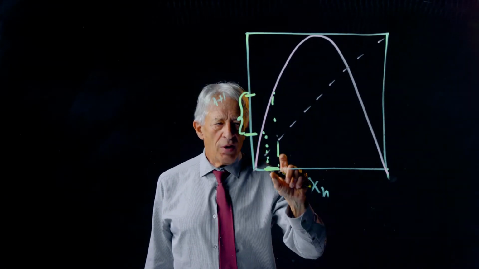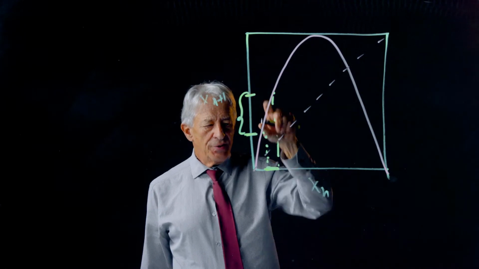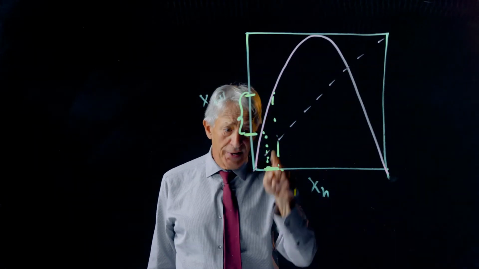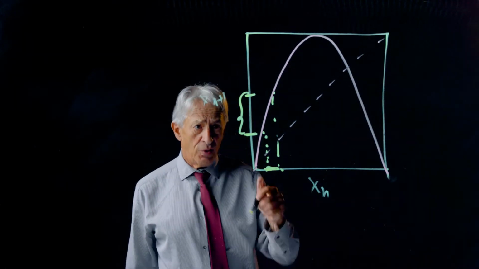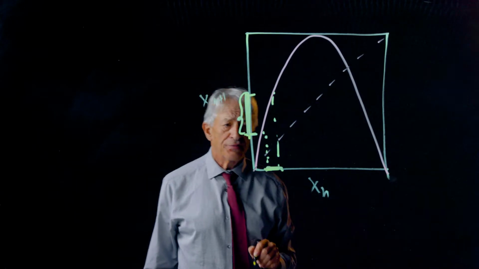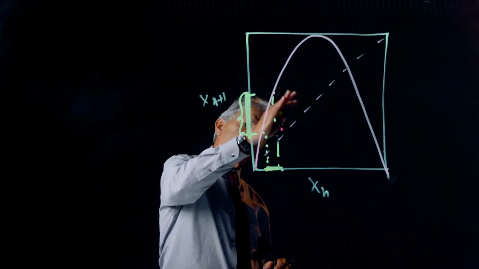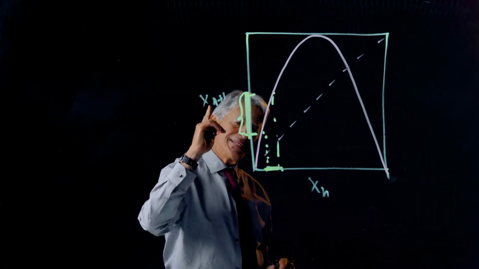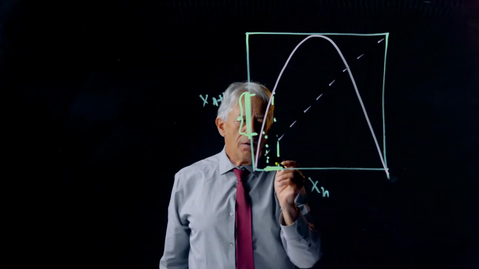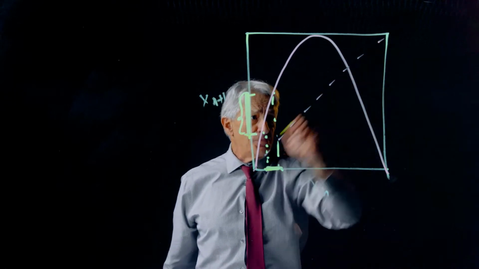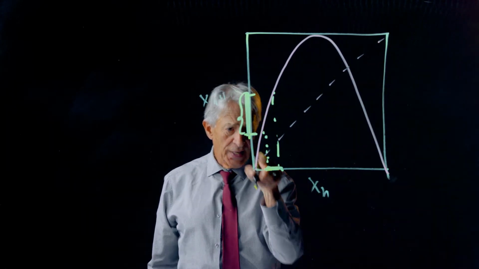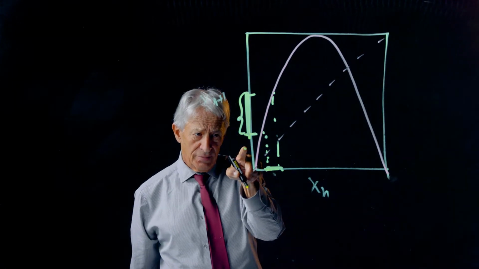And the reason why the difference between f of this point and f of this point is greater than this point minus this point, the reason why this interval is bigger than this interval, is because the slope of the function is steeper than 1. Here's the 1, 1 line. If the function had just been the 1, 1 line, then this interval would have been mapped to an identical interval over here.